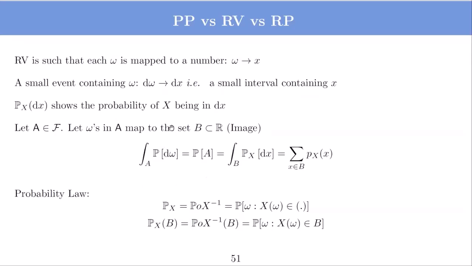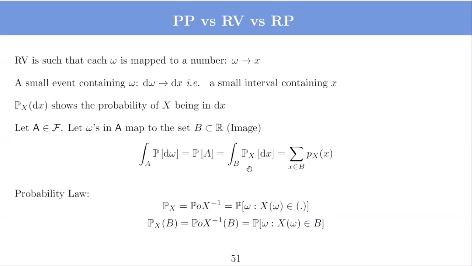This is from the standard probability axioms: if you take disjoint sets of a bigger set and add the probabilities, you get the probability of the complete set. So p(d omega) integrated over A is nothing but P(A), and the probability of A can also be computed because I know if omega is in A, it maps to set B. So the probability that X belongs to B should be the same as the probability that A has occurred.